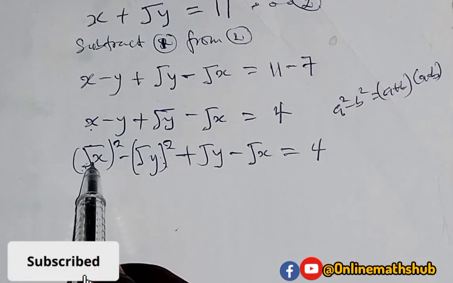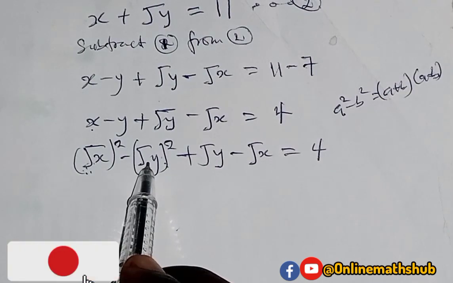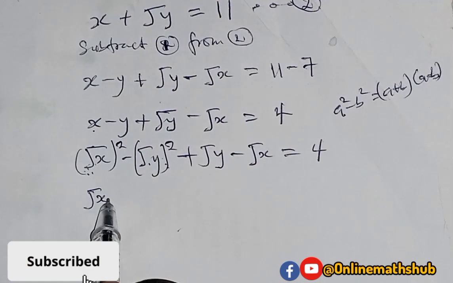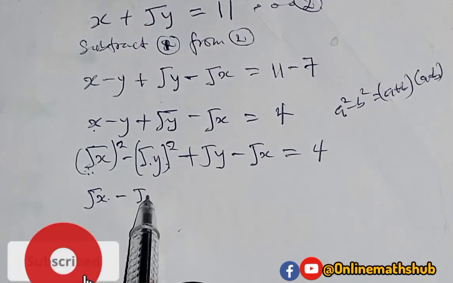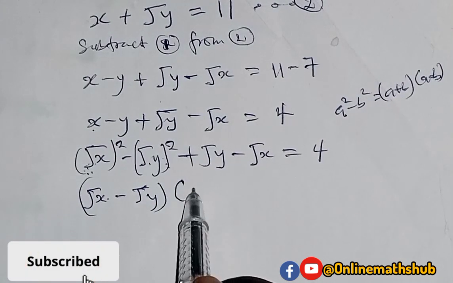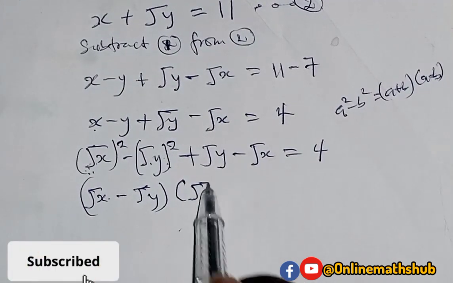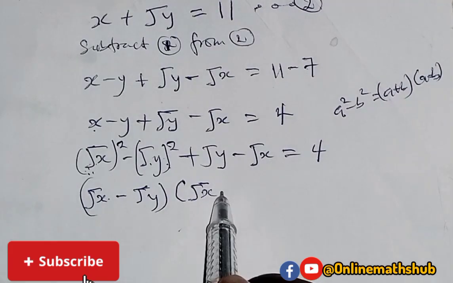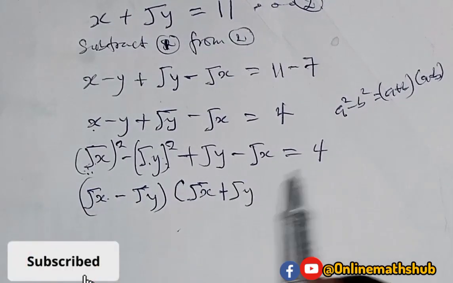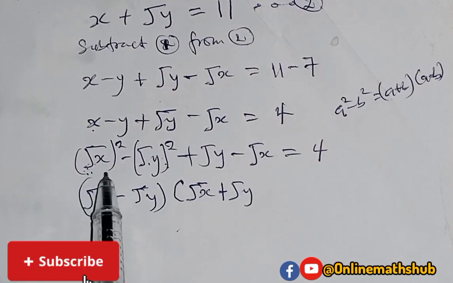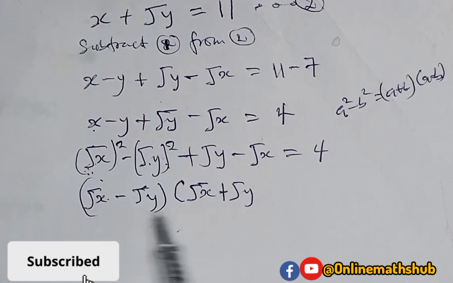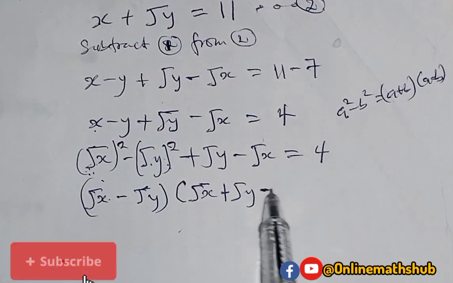So this is like my a, and this is like my b. So I'm going to write it as root x minus root y, and then into another bracket, root x plus root y. But just because I want to get this part, I'm going to add minus 1.